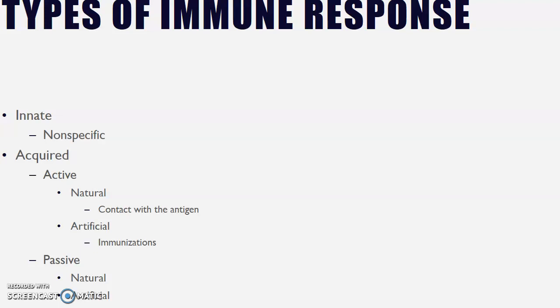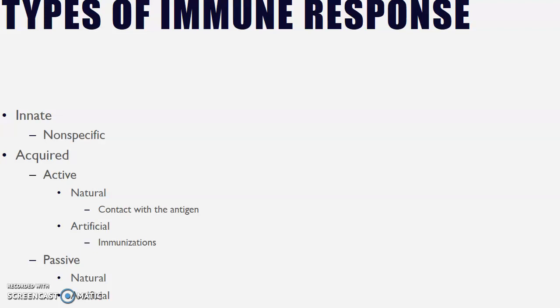When we look at the active acquired, this may be from diseases, or it can be artificially when we get immunizations. I know last semester we talked about live vaccines and dead vaccines, or the live attenuated, and that's our artificial immunization, or our artificial immune response, where we get the injection of the antigen.